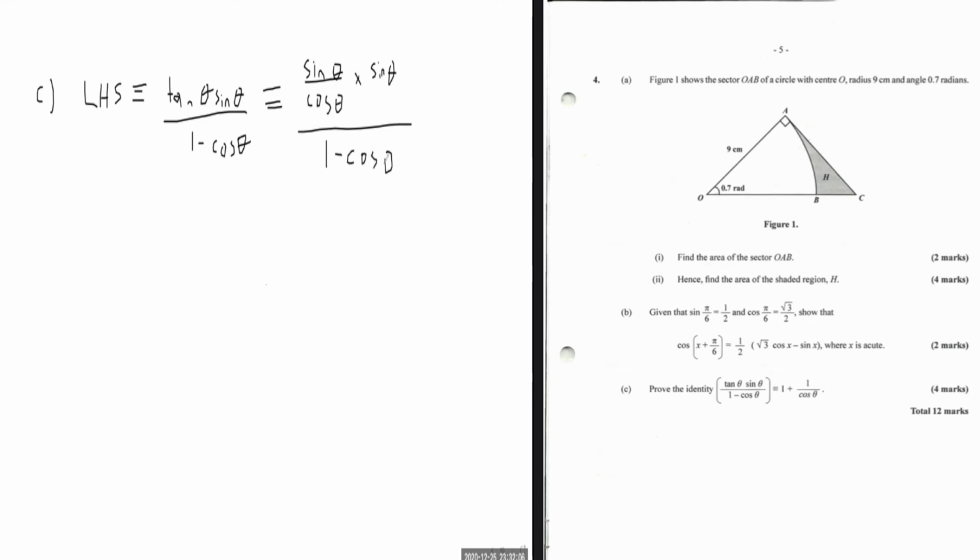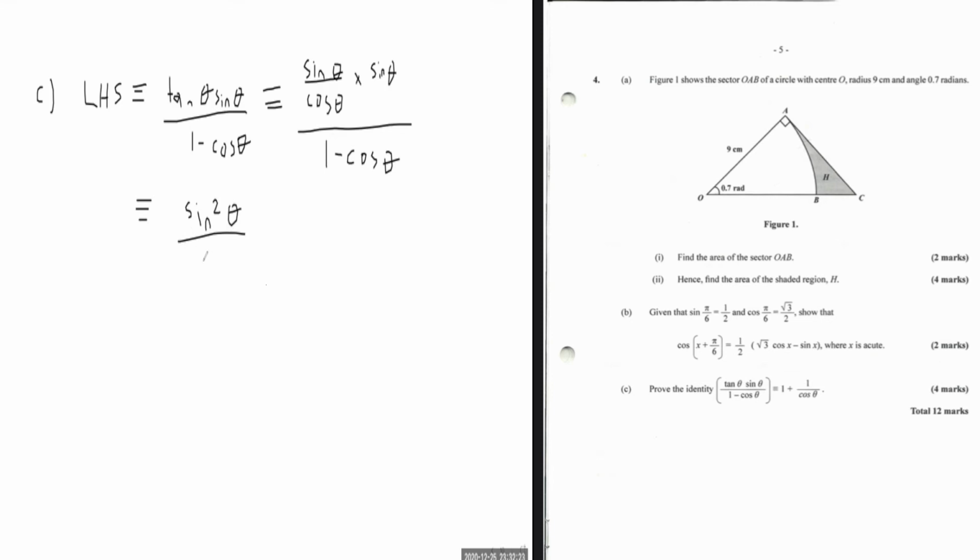Nice and easy. Now the next thing we have to note is that sine theta over cos theta times sine theta: sine theta times sine theta is sine square theta.